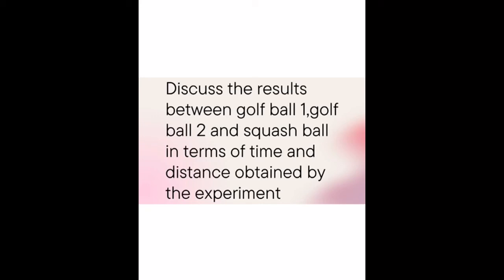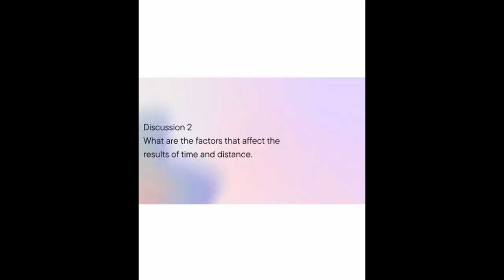Golf ball 1 had a slightly lower distance traveled and also took shorter time than golf ball 2. However, the golf balls traveled further than the ping pong ball and also took longer time than the ping pong ball did.